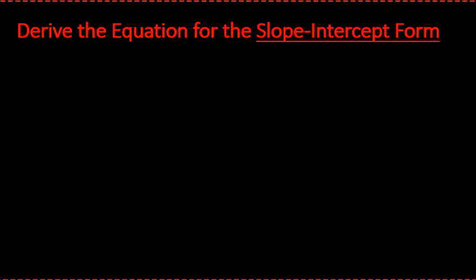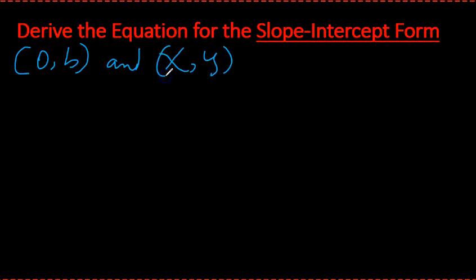All right, let us see how that slope-intercept form came about. Supposing we are given a point, like that point we wrote there, and another point on the graph. We don't know it, so let's represent it with a general x, y. It could be any point.